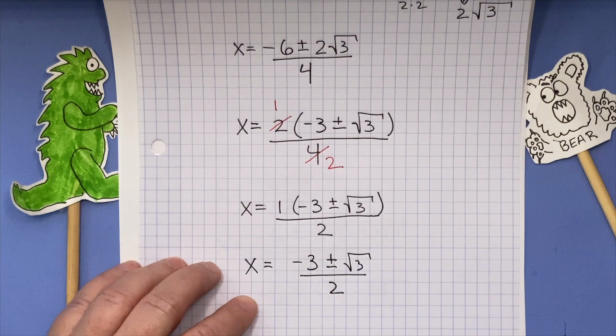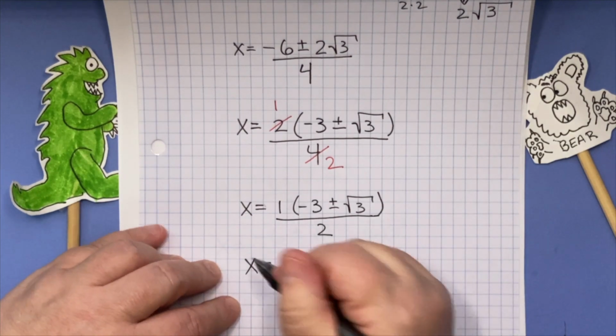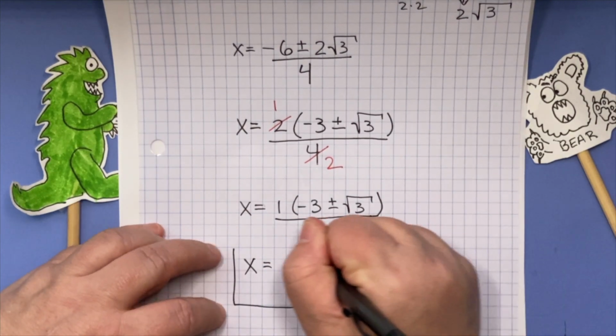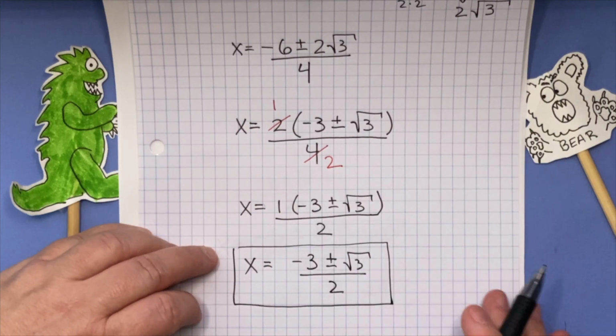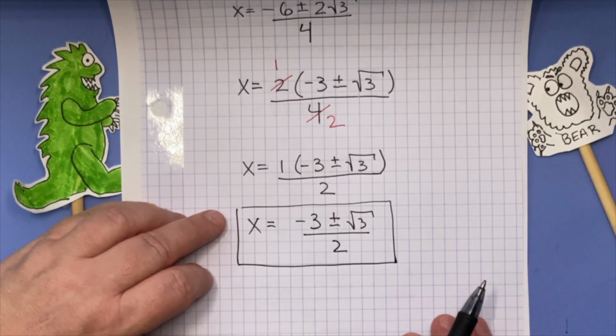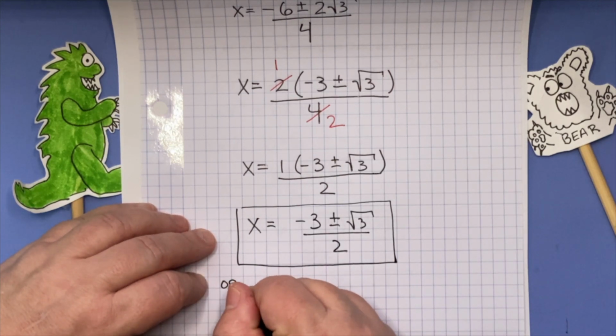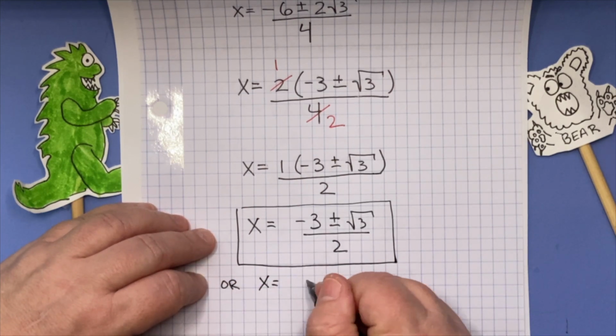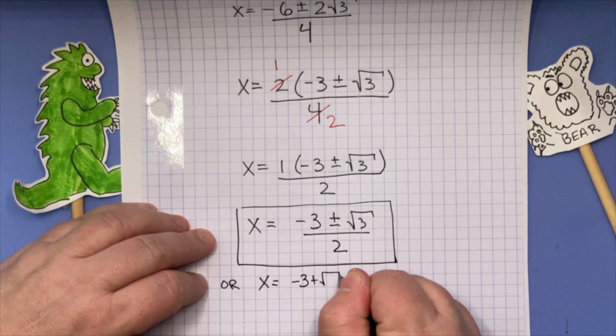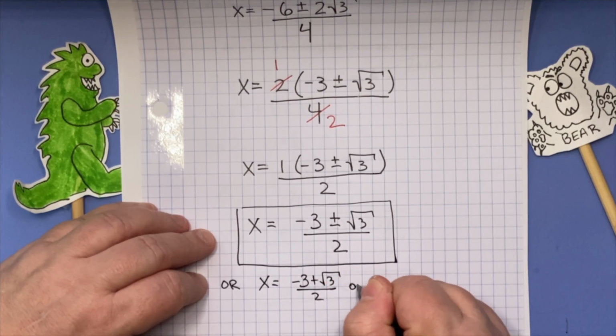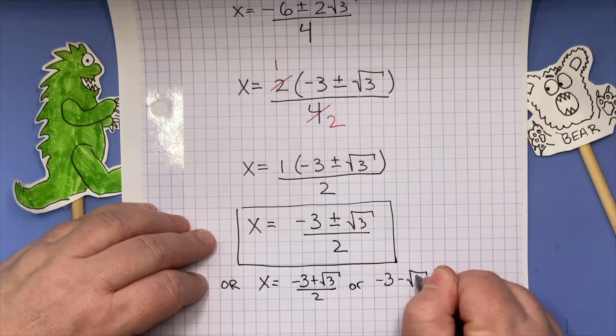Now, depending on the situation, that could be your answer. I mean, that is an answer. It is reduced, but it may be that you're in a situation like in WebAssign that you have to write them separately. So you could write x equals -3 plus radical 3 over 2, or -3 minus radical 3 over 2.